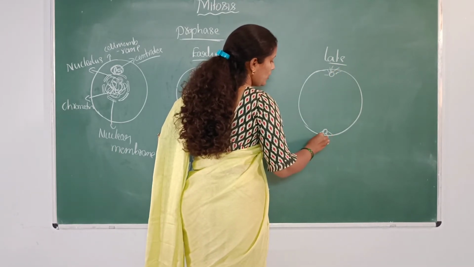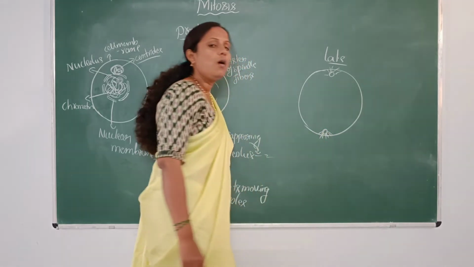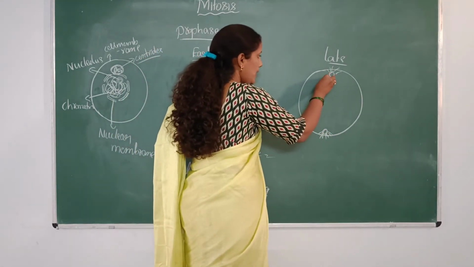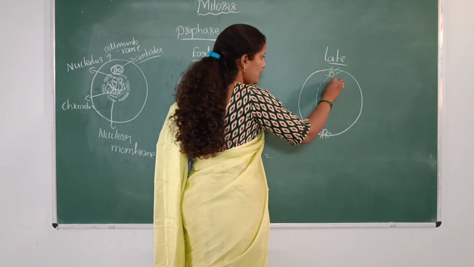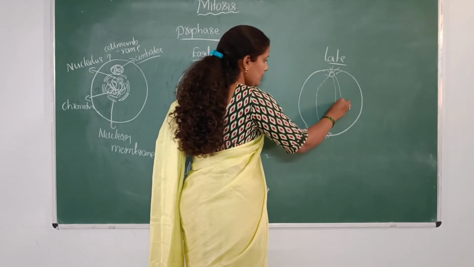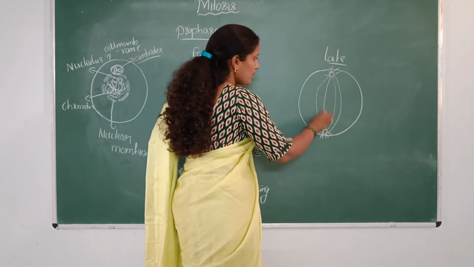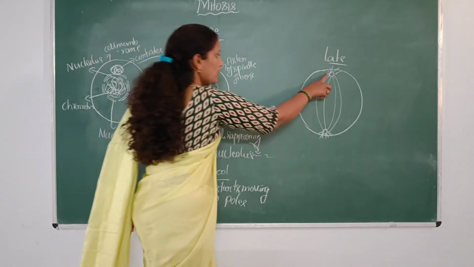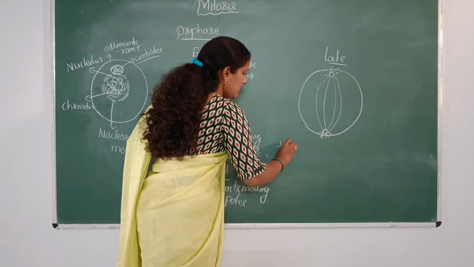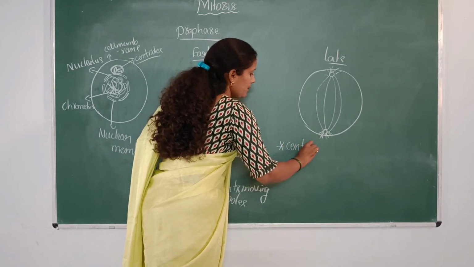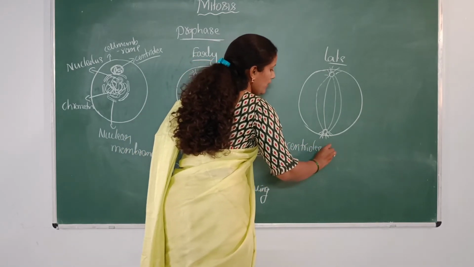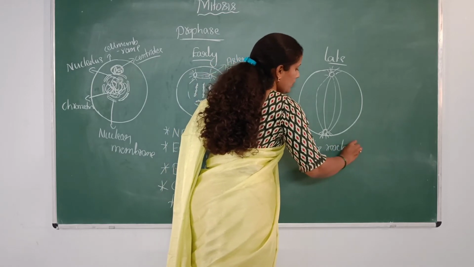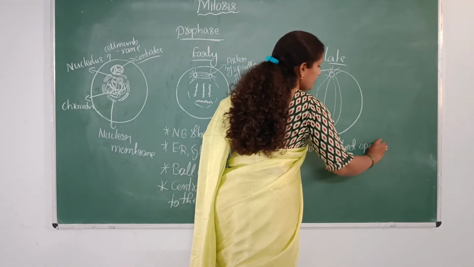These are the 2 centrioles which have already moved to the opposite poles, and they have the spindle fibers connected with one another. And you should remember one thing. Here the first event is the centrioles reached the opposite poles.